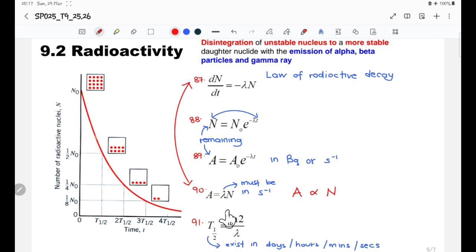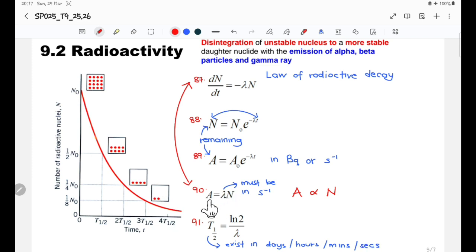So lambda here is the decay constant, but our T half, which is half-life, can exist in days, hours, minutes or seconds. So in other words, since decay constant is related with half-life, decay constant can also be in per days, per hours, per minutes or per seconds.